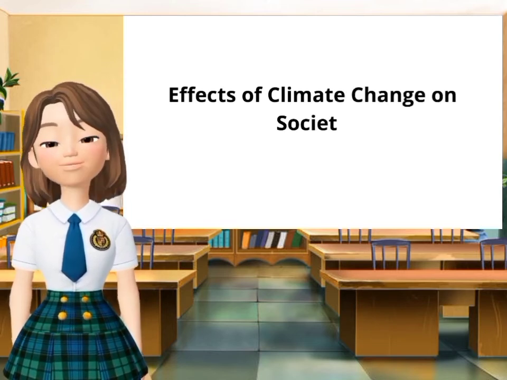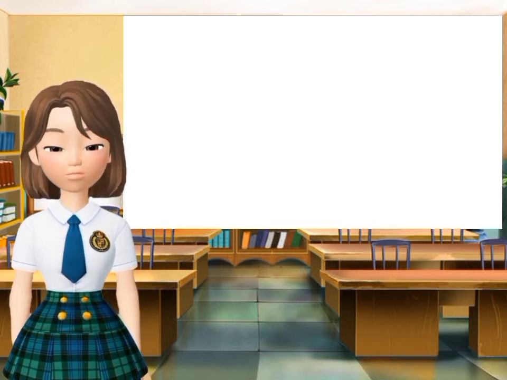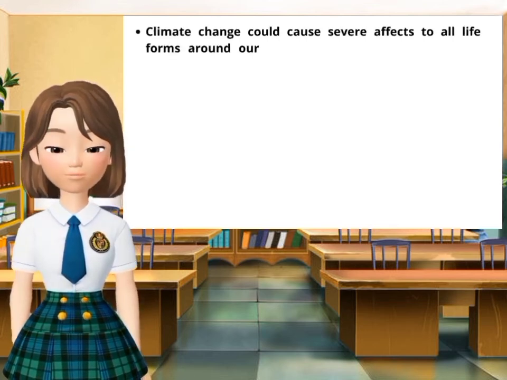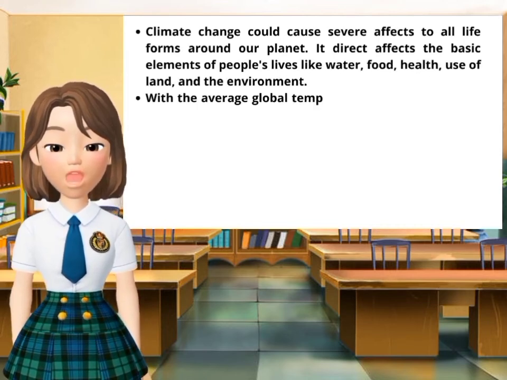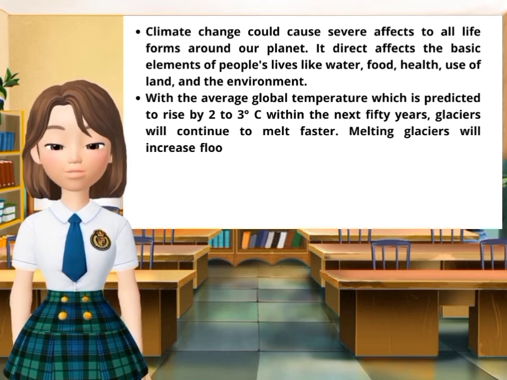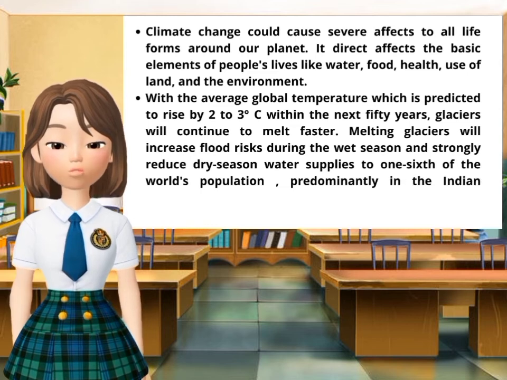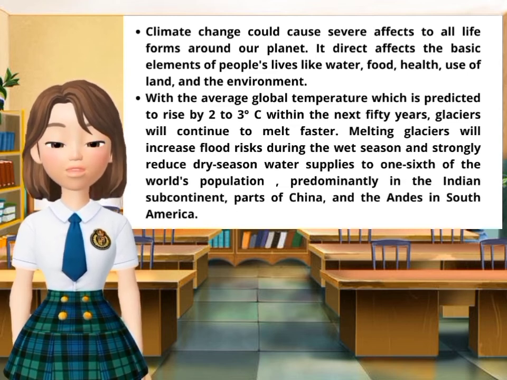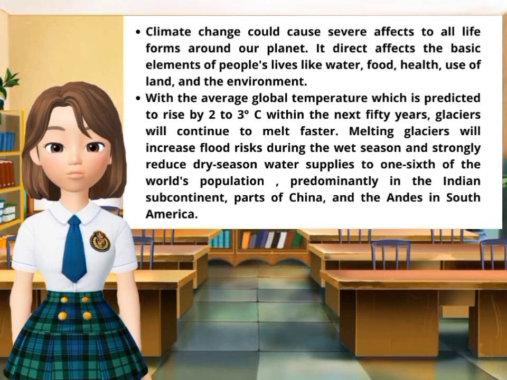As for the effects of climate change on society, climate change could cause severe effects to all life forms around our planet. It directly affects the basic elements of people's lives like water, food, health, use of land, and the environment. With the average global temperature predicted to rise by 2 to 3 degrees Celsius within the next 50 years, glaciers will continue to melt faster.